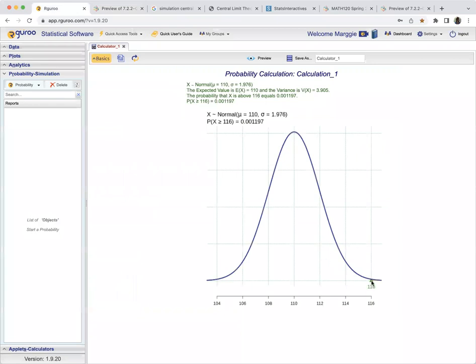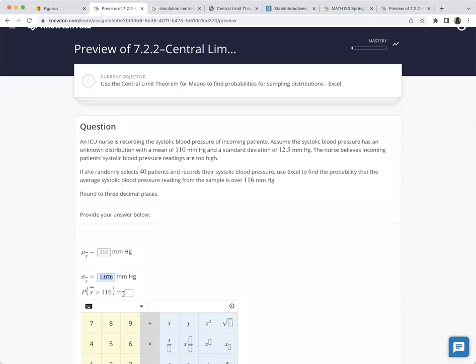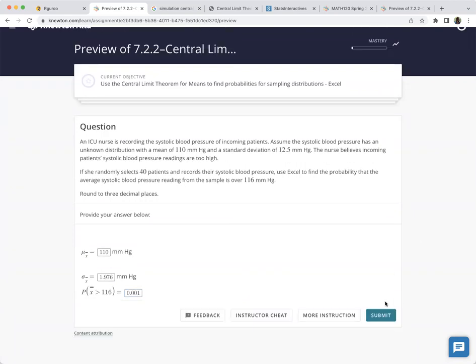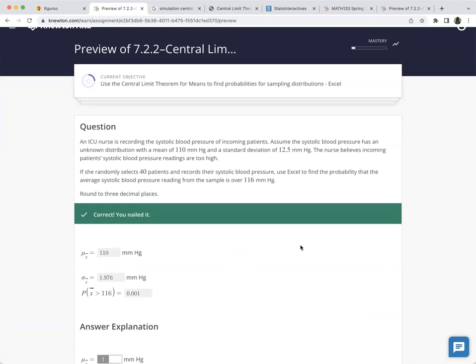I have 116 here, and I have above, which is greater than. The probability is 0.001197. So let me just copy and paste. And then in here, it says to round to 3 decimal places. So 1, 2, 3, and I don't need all this. And that should be it.